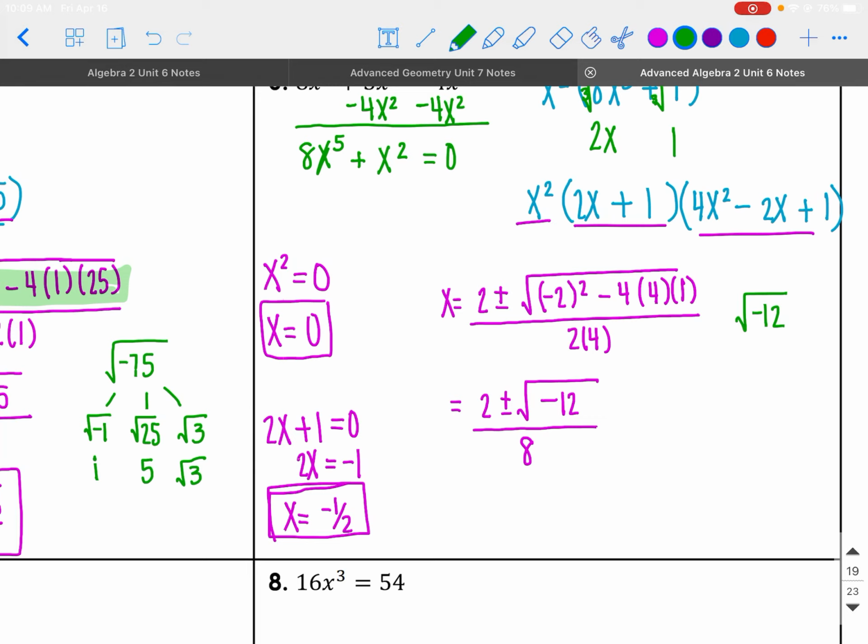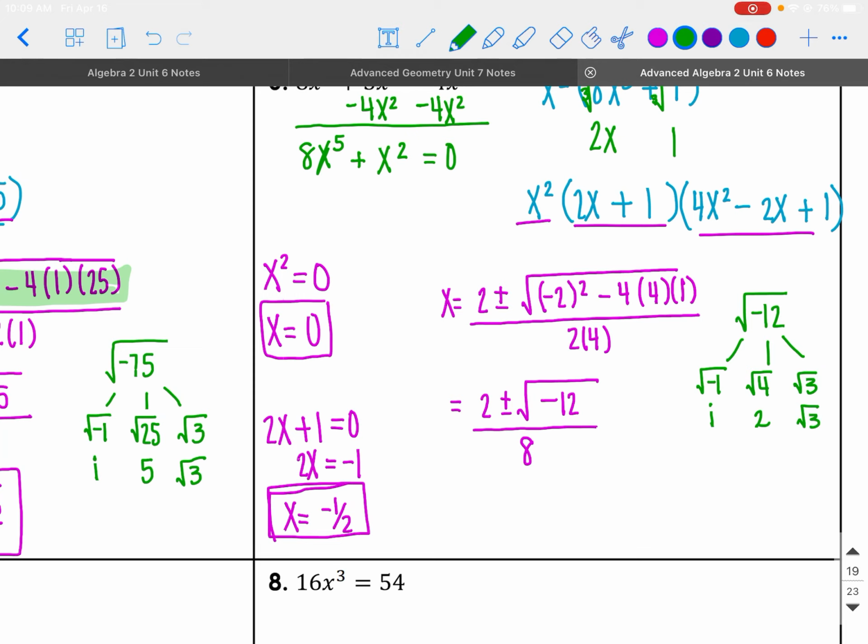So now remember, we got to go to the side and simplify that radical. Take out the negative 1. What is the largest perfect square that goes into 12? It's 4. 4 and 3. So this turns into i, this turns into 2.